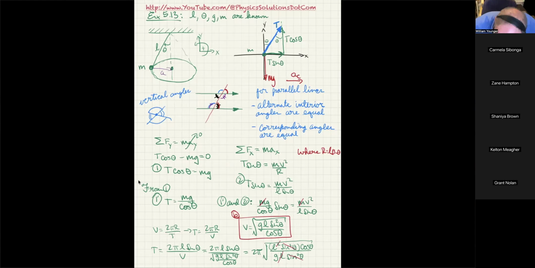Oops, left off the 2 pi and the square root. Actually, I can do that better this way. Let's say t is equal to 2 pi square root L cosine theta over g.